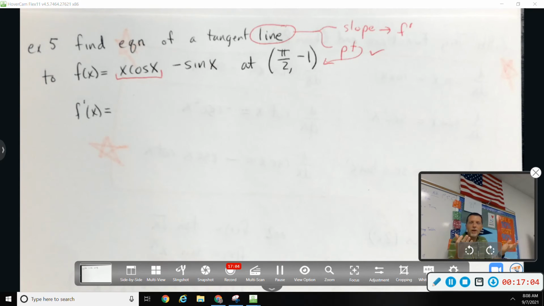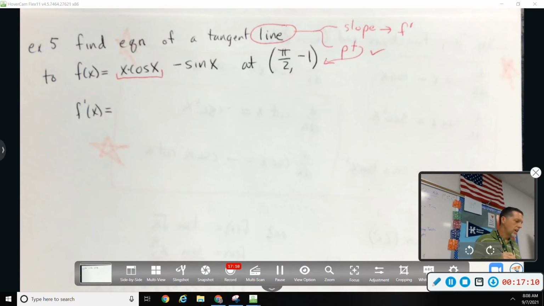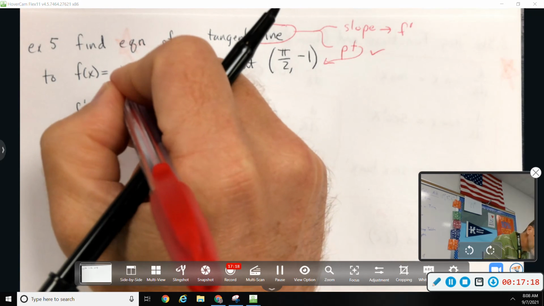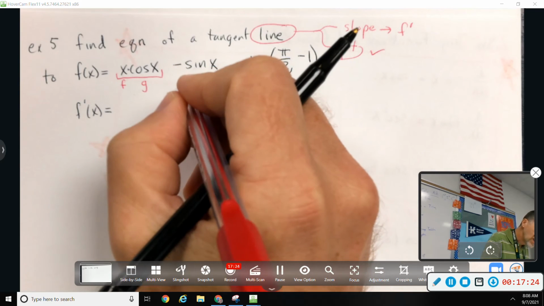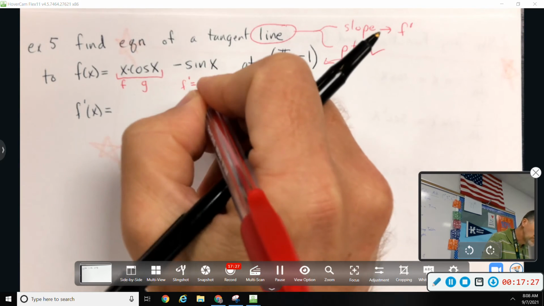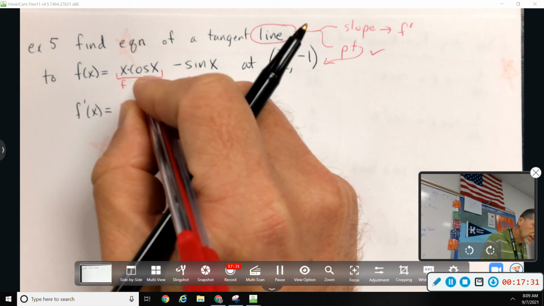So you got all these rules and you got to keep them all at the forefront of your brain and recognize, well, when do I use which one? So I'm multiplying, so I'm going to do product rule. Can I try to product rule on the fly, or do you want me to write it out? You got it. Write it out. So we'll call the first one f, the second one g. F prime would be 1. G prime would be the derivative of cosine.